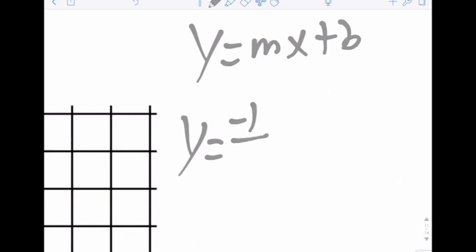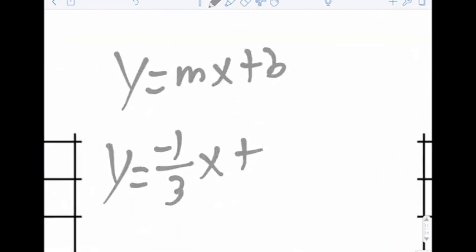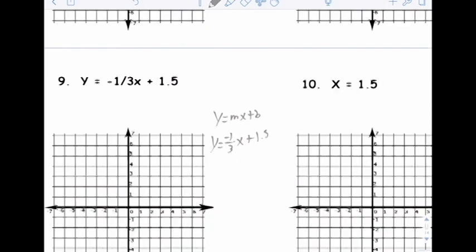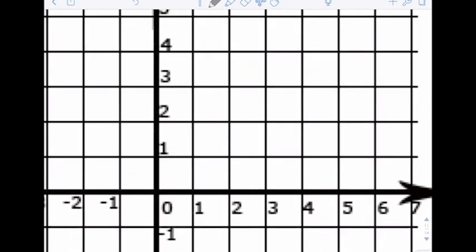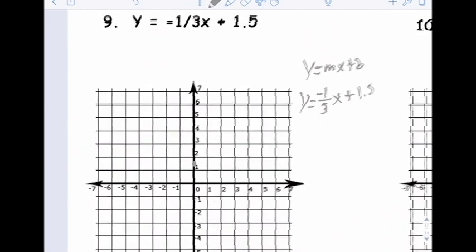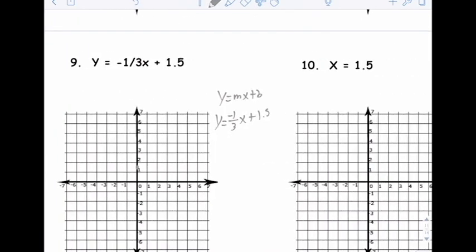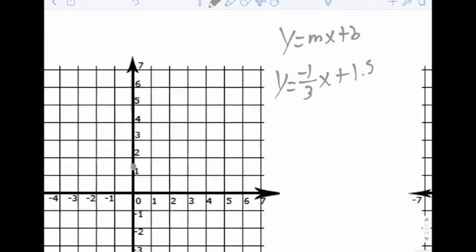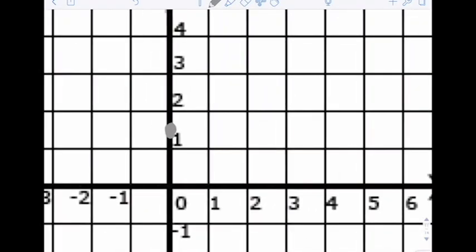Negative 1 over 3x, and then we'd want to do plus 1.5. So our y-intercept would be 1.5, so it would be around here, in between 1 and 2. And then we would use rise over run again to go down 1 and across 3. Down 1 and across 3.